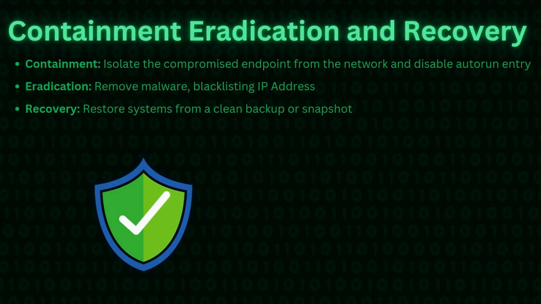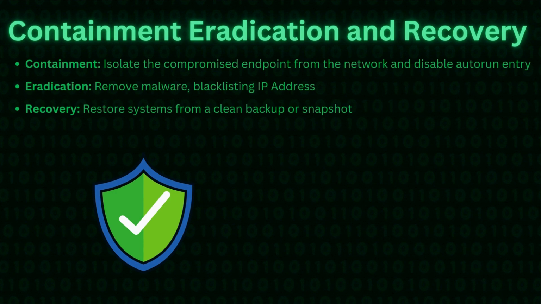We are now in the containment, eradication, and recovery phase. It's been a long journey so far. In the containment phase, the first step is to isolate the compromised endpoint from the network to prevent further damage. I will then disable the auto-run entry, which serves as the backdoor.